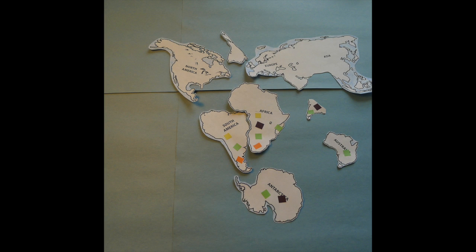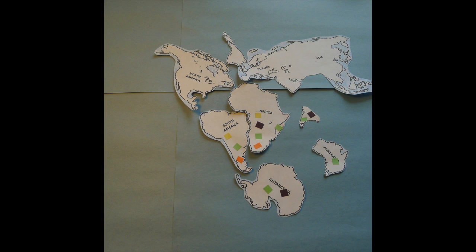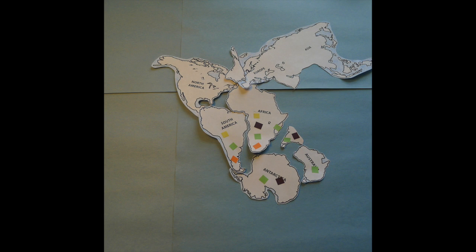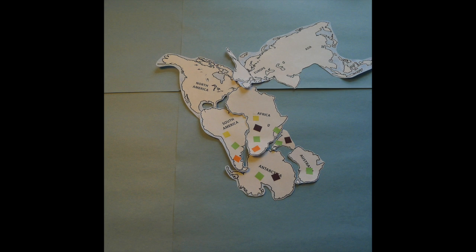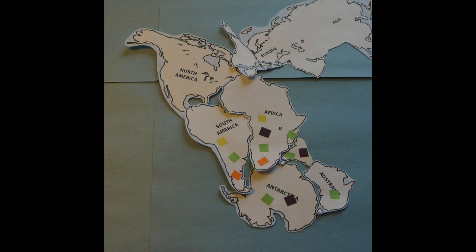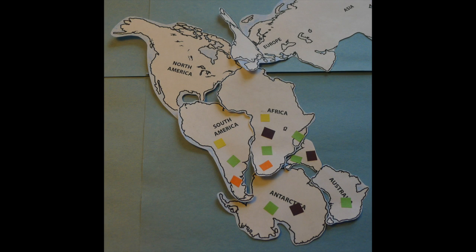For about 200 million years, all of the land mass on the planet was one large supercontinent called Pangaea. And during this time, it was easy for animals to travel all around the world without having to swim. Now it is easy to see how the fossils are dispersed around the world. The animals had access to almost every corner of the continent.